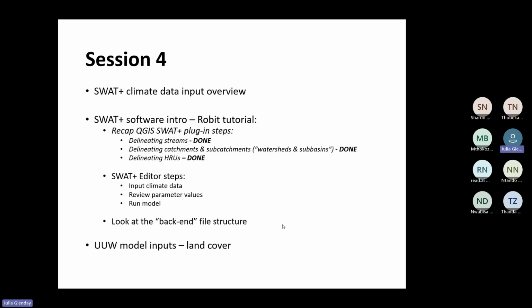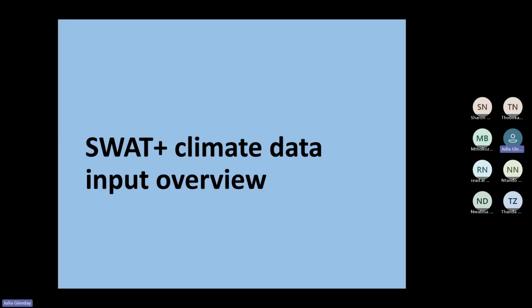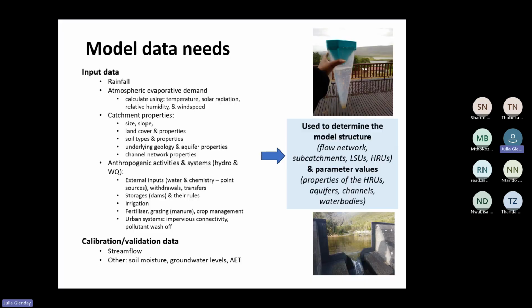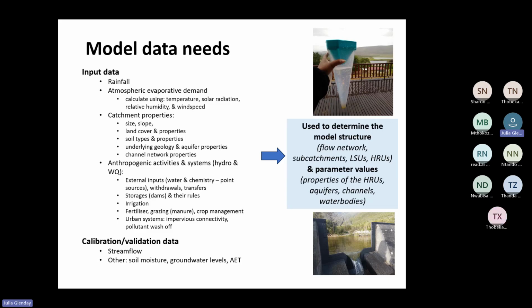So before we jump into the tutorial, I just wanted to give a bit of background on how the climate data works, because I realize the tutorial doesn't show it very visually. So SWAT, I showed this slide before, the model data input needs include rainfall and atmospheric evaporative demand in terms of climate.